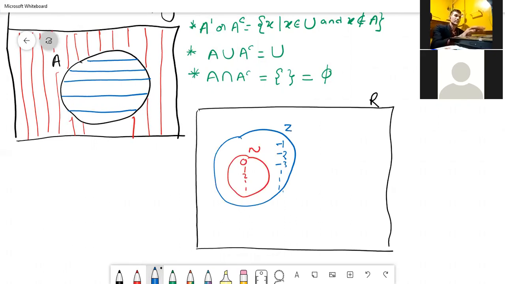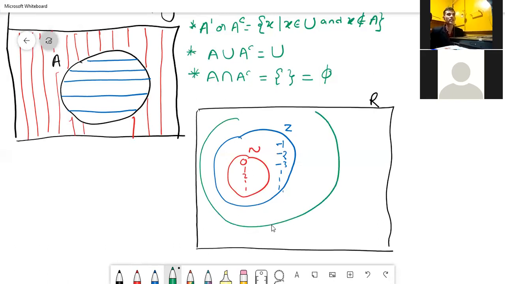Now we'll take rational numbers. Integers are contained in rational numbers. Rational numbers not only contain natural numbers and integers, they contain terminating decimals like 1/2, 3/2, and repeating decimals like 1/3.